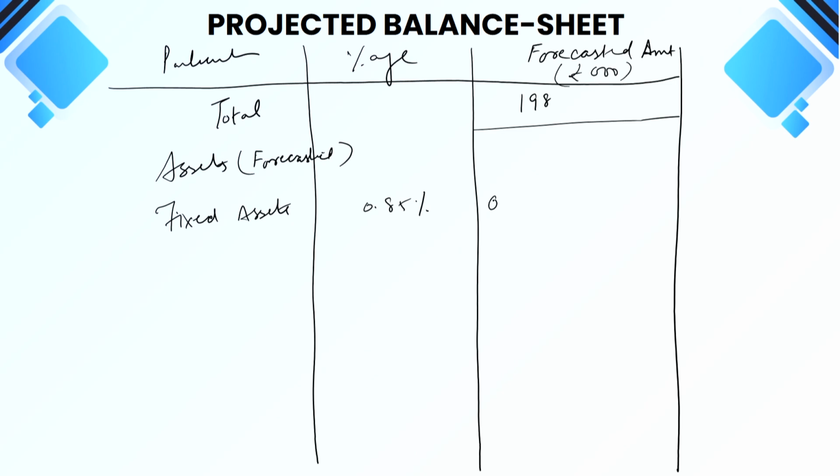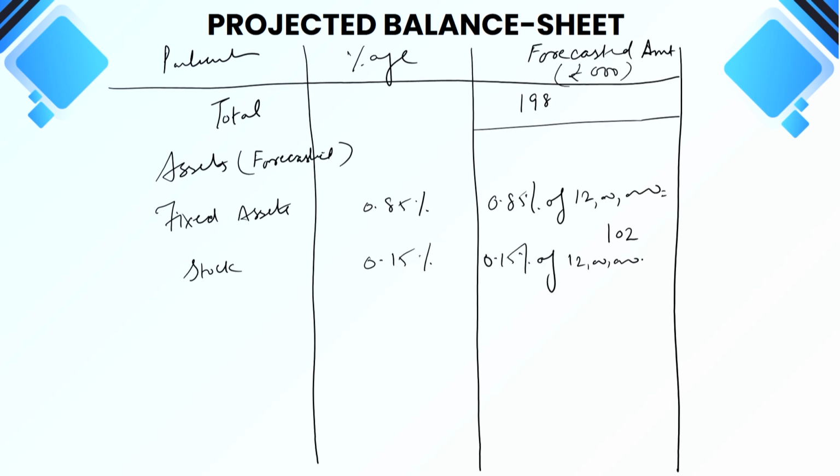Now we calculate 0.85% of 12 lakh rupees. It comes to 1,02,000. Then the stock is given as 0.15% of 12 lakh. It comes to 18,000 rupees.